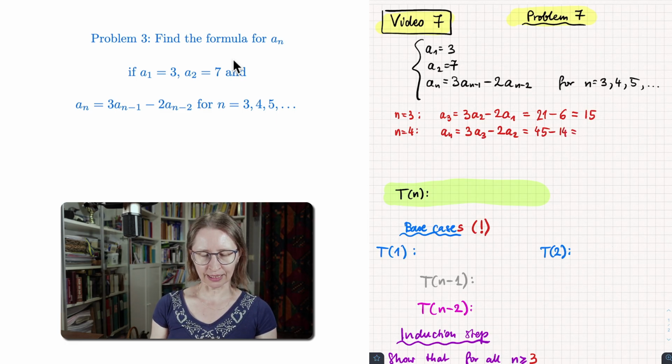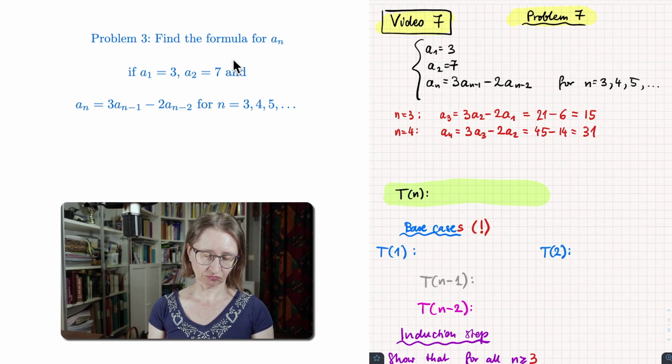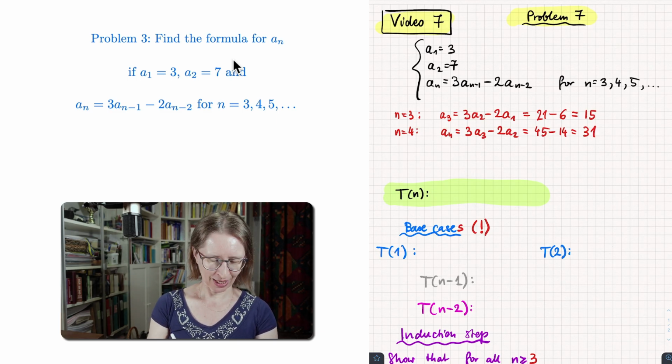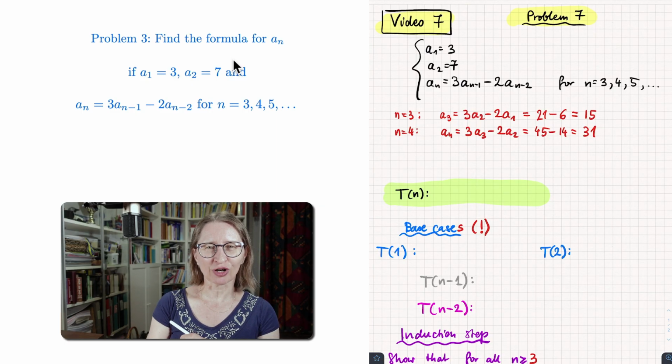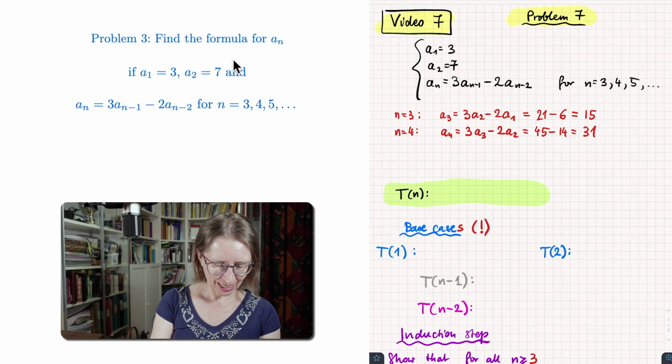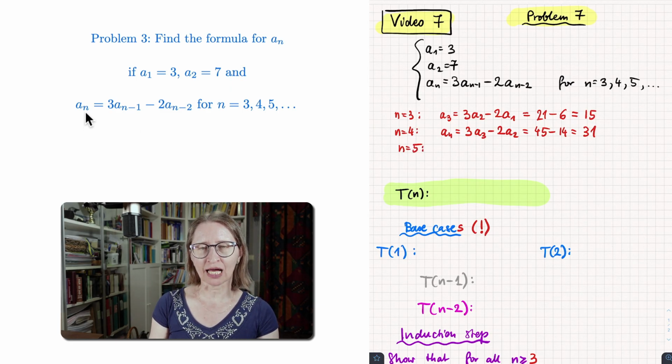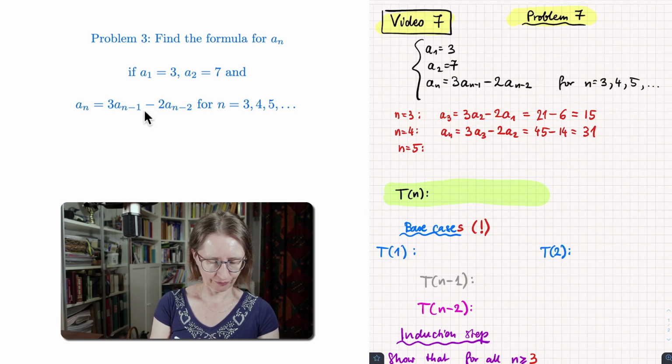And then we get the result 45 minus 14 is 31. Okay, let's try one more before we try to make some guess. n equal to 5, again the same formula, this time for n equal to 5.